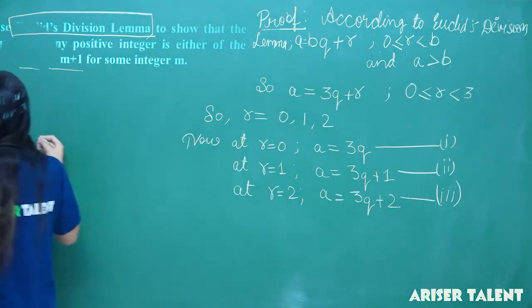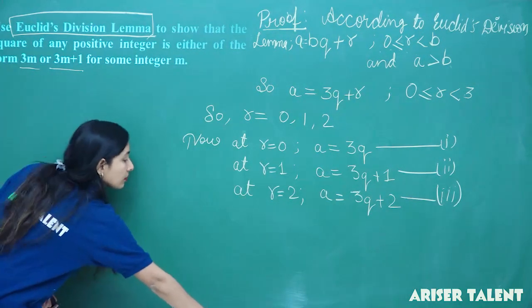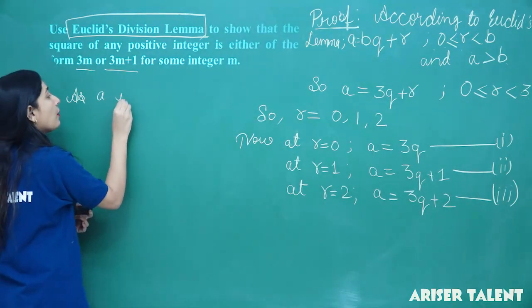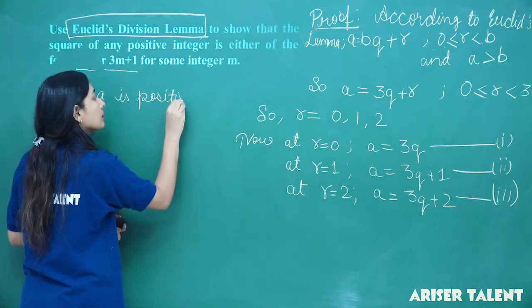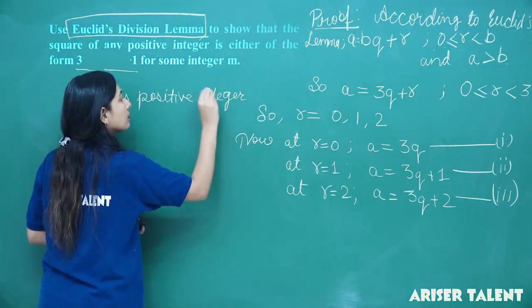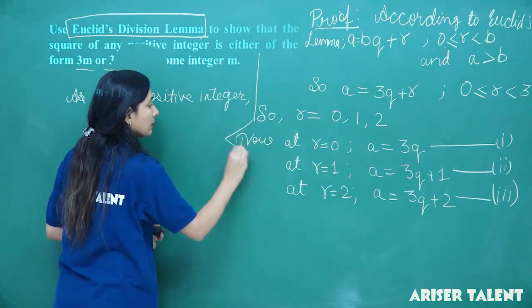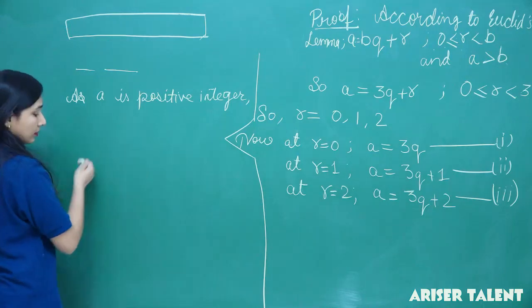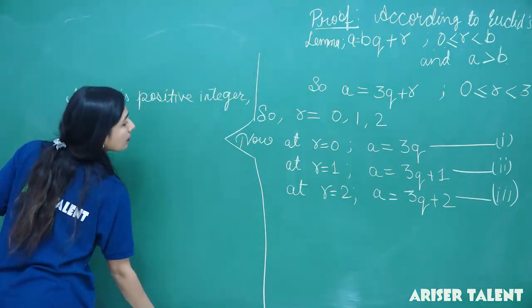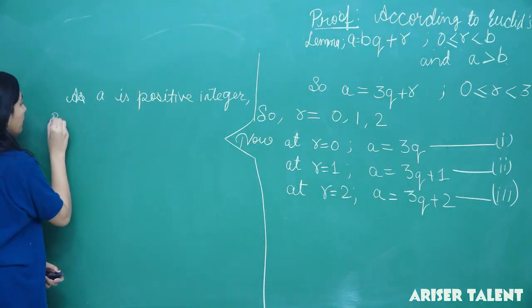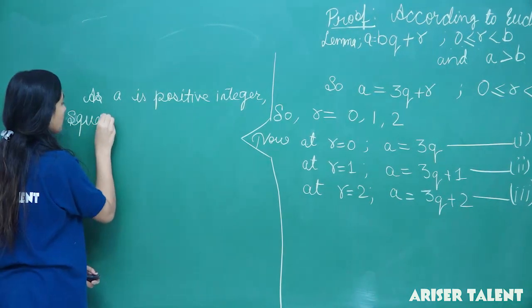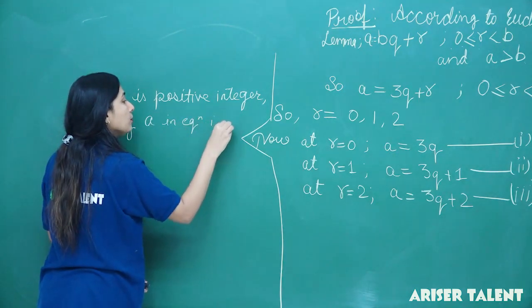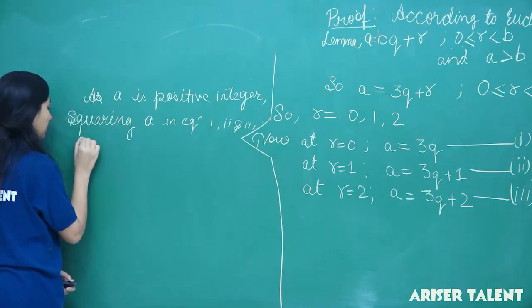So, as A is a positive integer, squaring A in equations 1, 2 and 3 respectively.